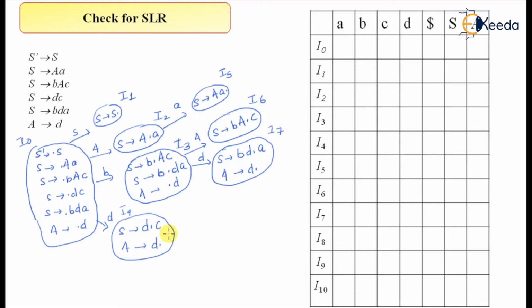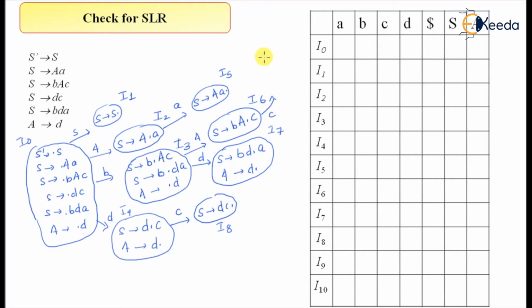We're done with this part, but again let me remind you that there may be some conflict here. On input C, this becomes S derives DC dot, and that state is I8.